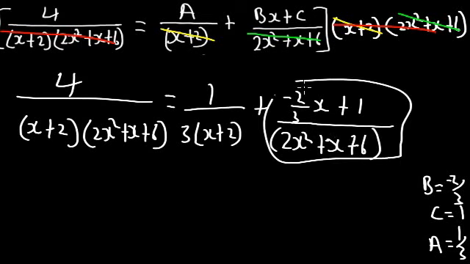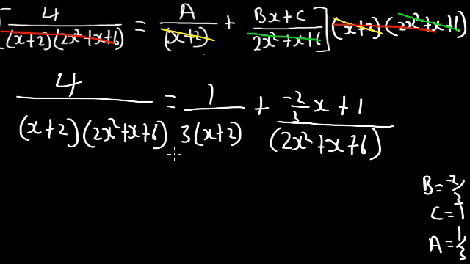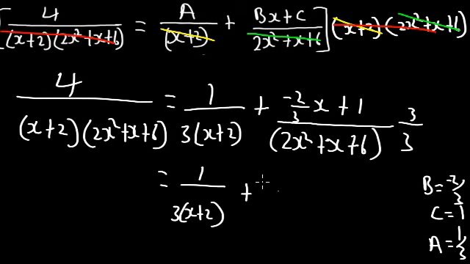So to keep this balance, we don't want to have fraction on the top. We can multiply all through by 3 over 3. So that will result in 1 divided by 3 in the bracket of x plus 2. Then plus this cancels this and it affects this to be 3. Perfect.